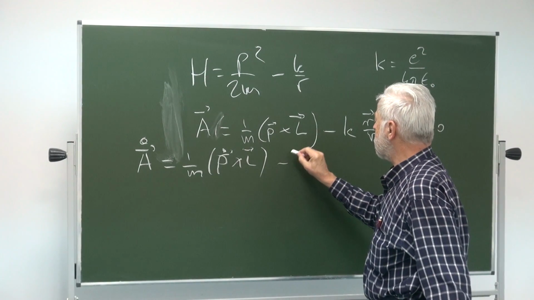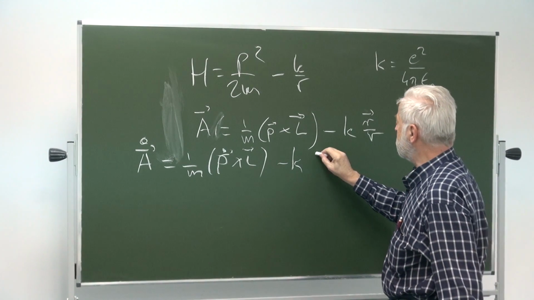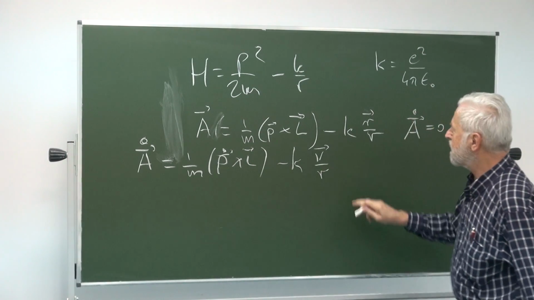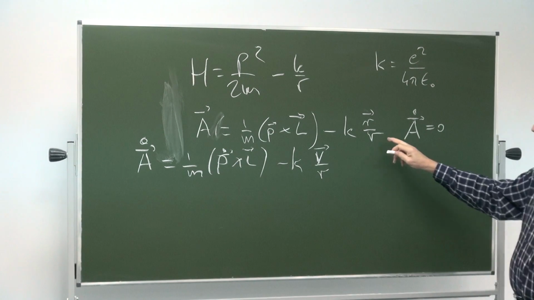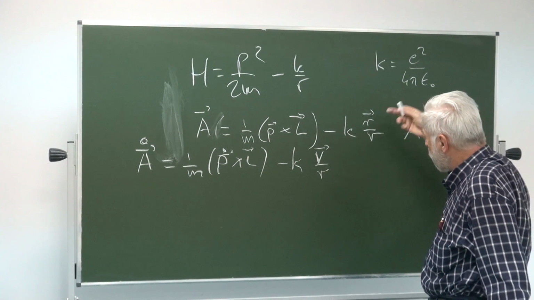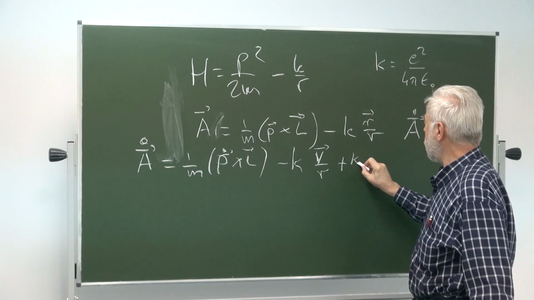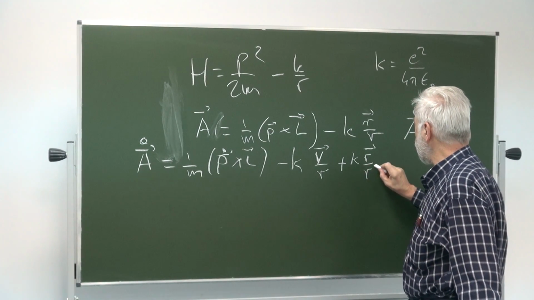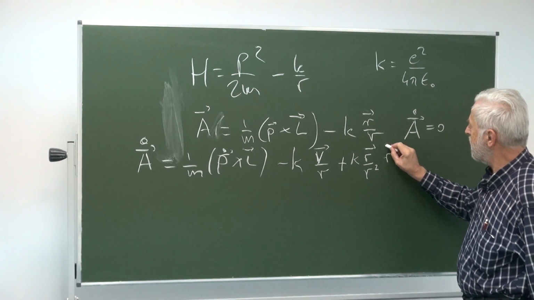Now this is minus k, and if I differentiate this guy, that will give me velocity divided by r. But also, I have to differentiate the denominator, and that is 1 minus 1 over r squared. So this is plus k r over r squared times r dot.